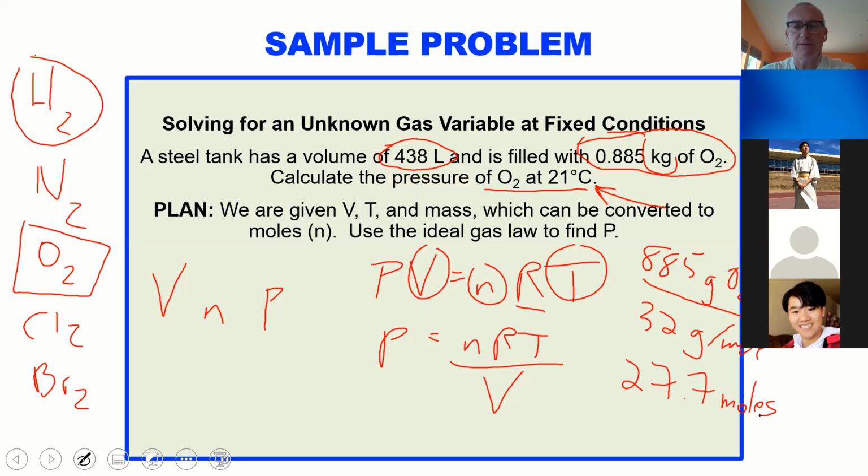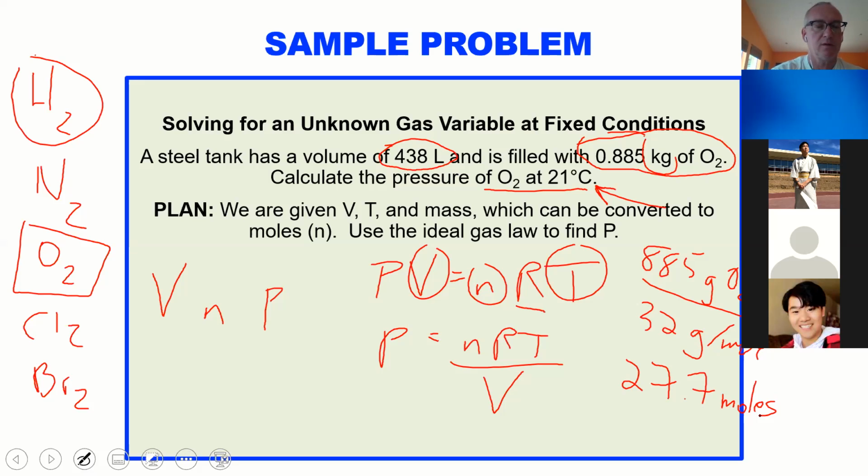So now we know the moles, we know the volume, and we know the temperature. What's our temperature? How do we convert Celsius to Kelvin? You add 273, or 273.15.